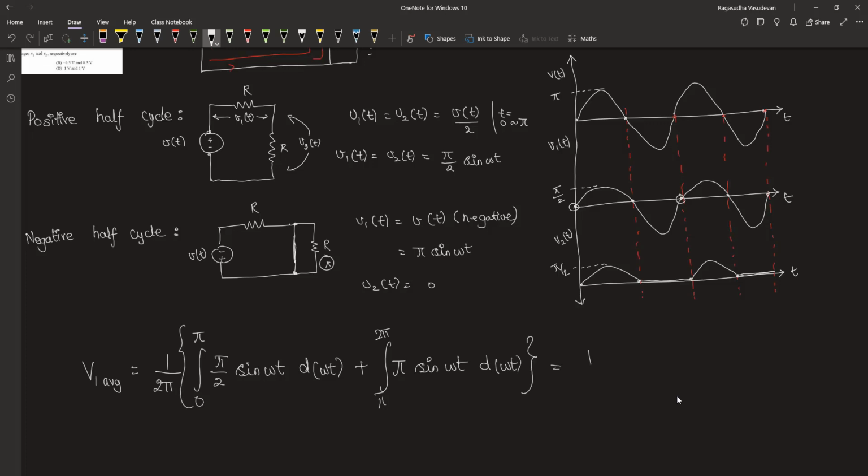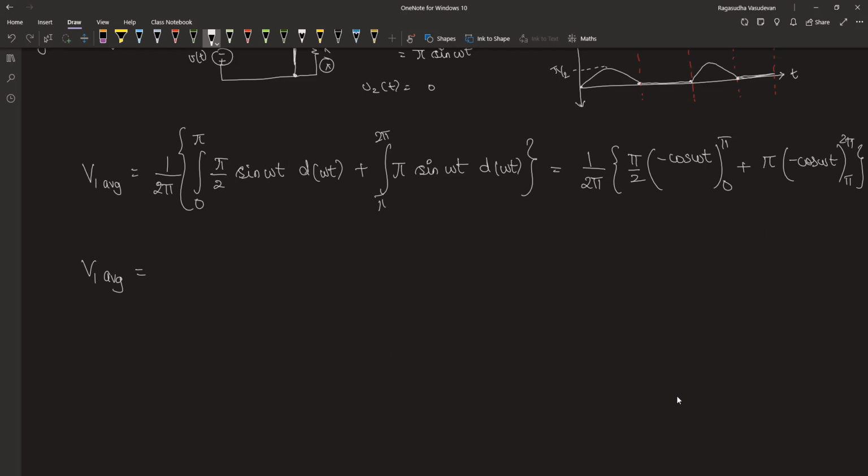This will be 1 divided by 2 pi. When we integrate sin omega t, it will be minus cos omega t from the limit 0 to pi, and for the second term it will be minus cos omega t from the limit pi to 2 pi.